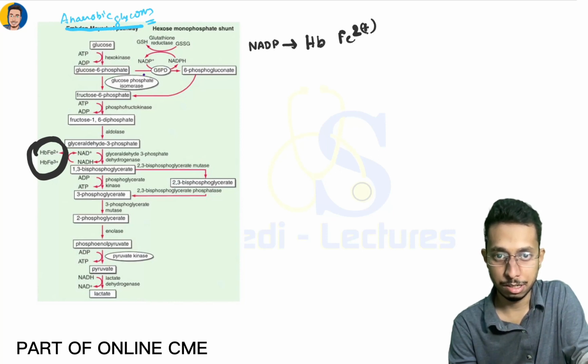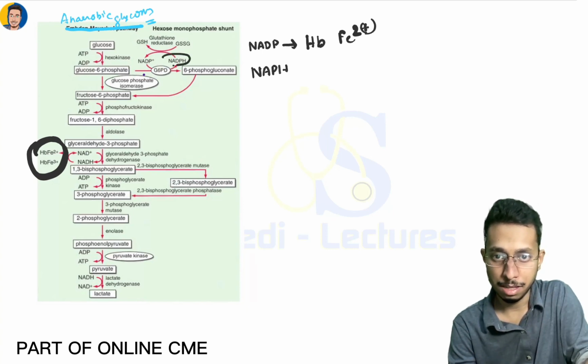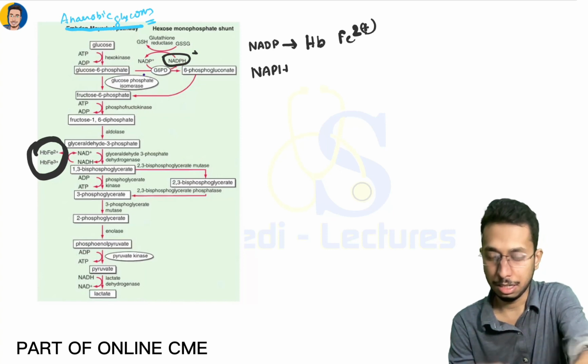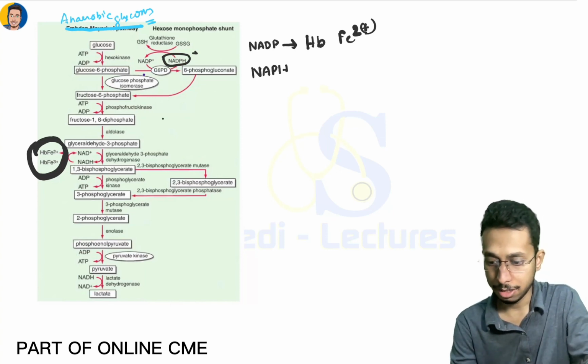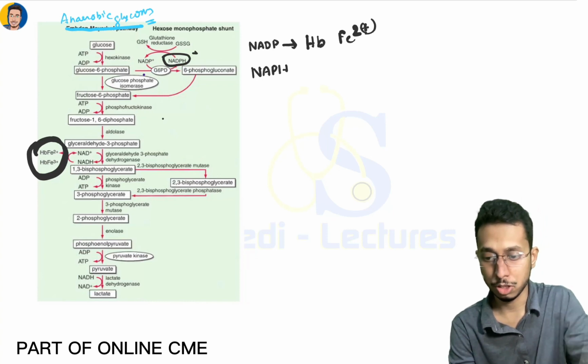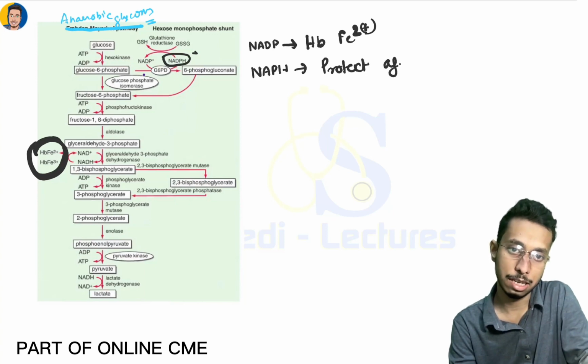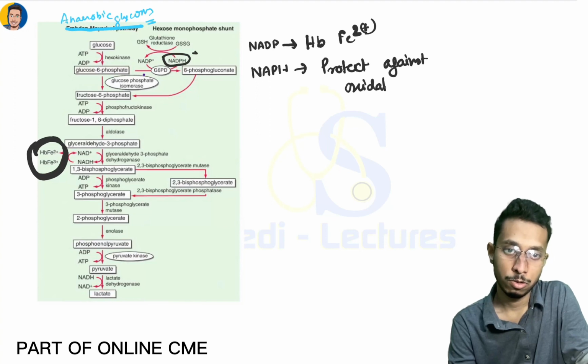Here NADPH reduces the glutathione, and as it reduces the glutathione, it helps to protect against oxidative stress.